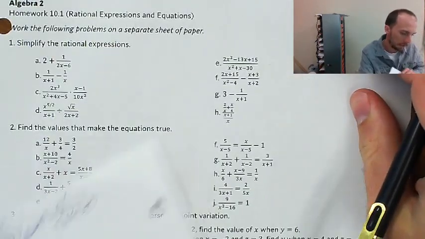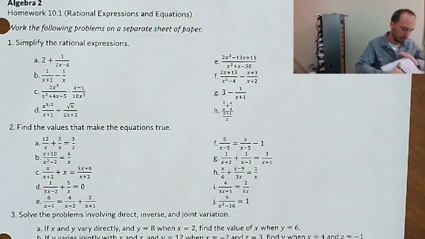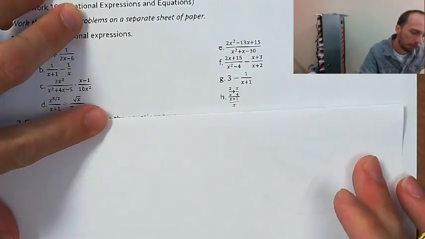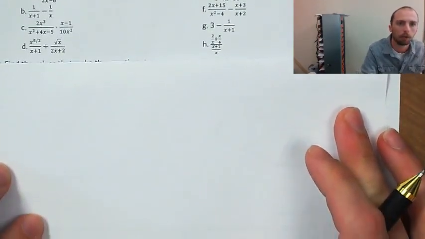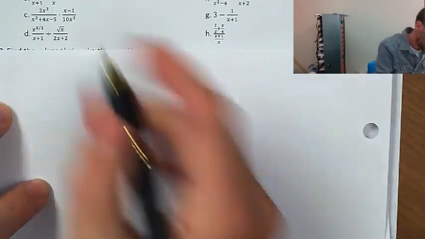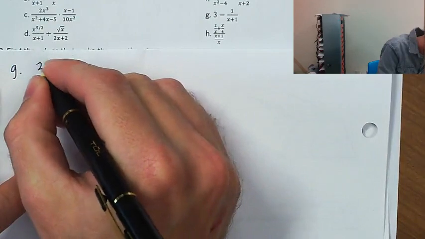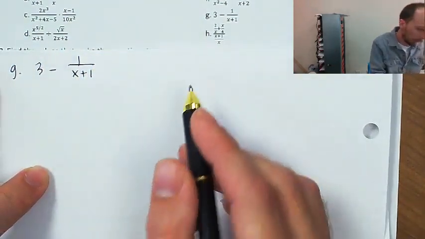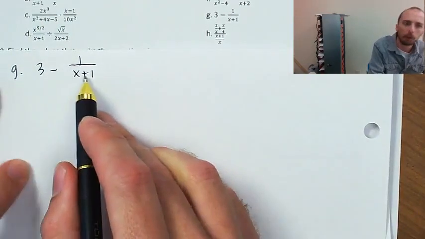Okay, G, let's see, let's fold this. Almost used up this sheet of paper. G is going to be 3 minus 1 over x plus 1. So this is very much like the first one, except it's a subtraction.